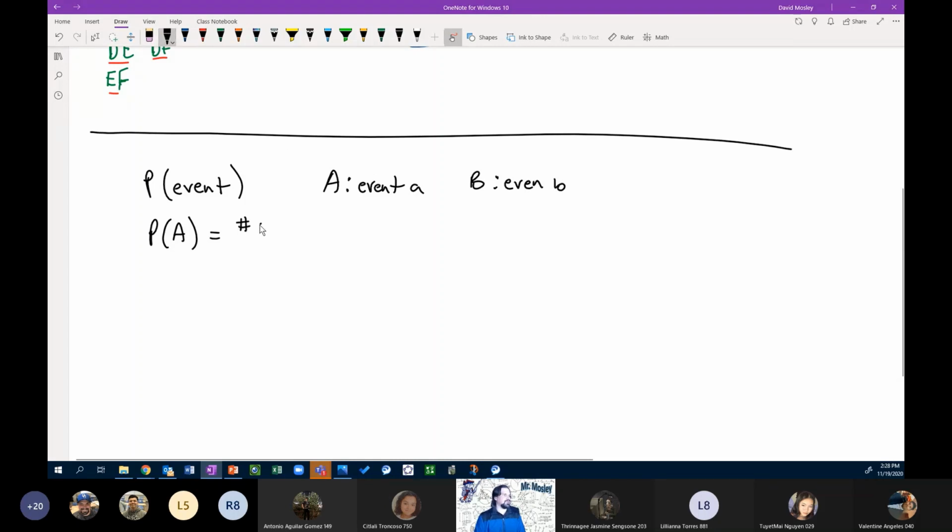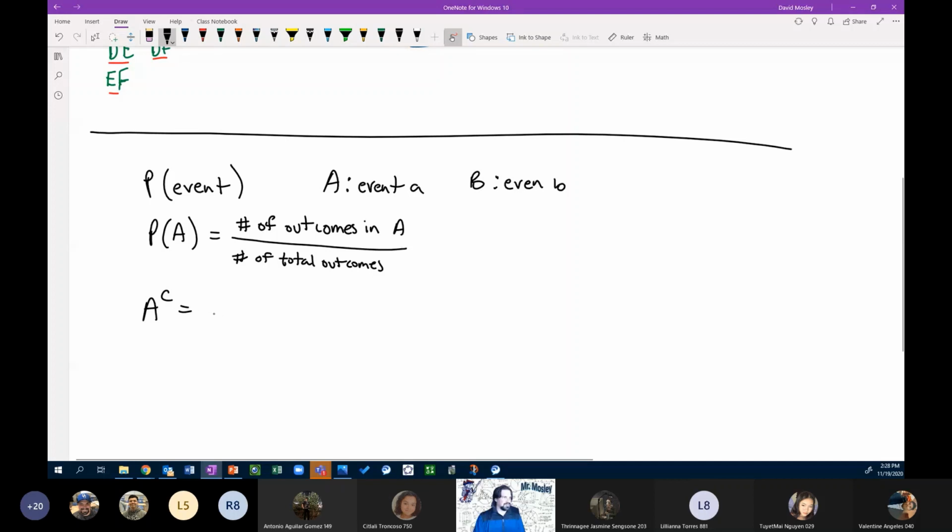We have the number of outcomes in A divided by the number of total outcomes. Right? And P of B would be the same thing, just switch A for B. And then we have a complement.